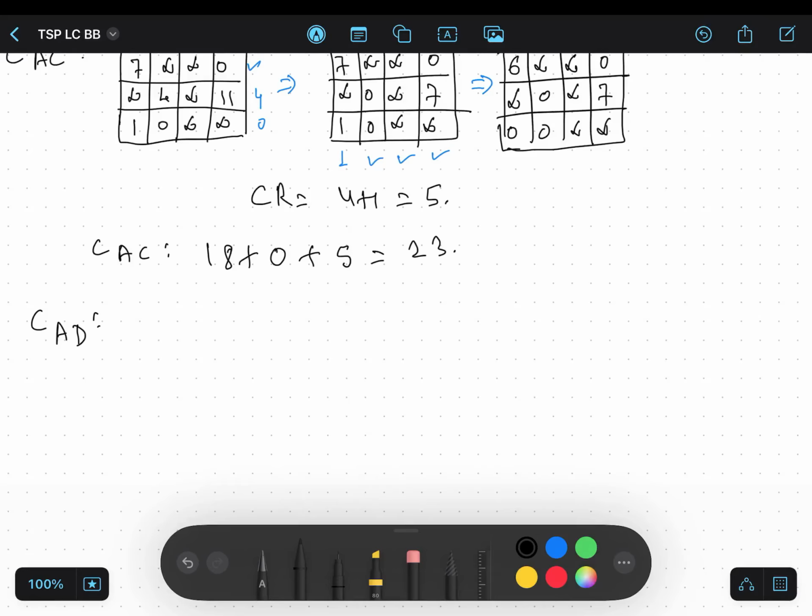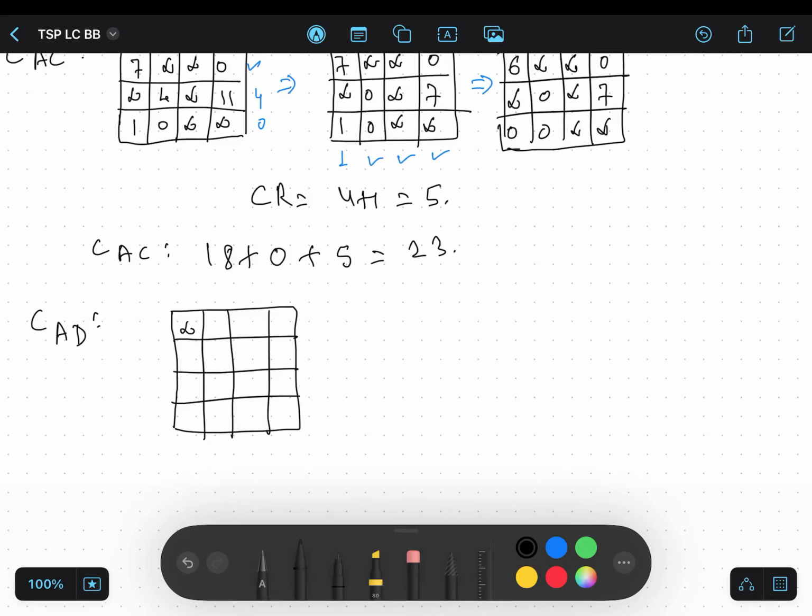I'm not going to solve it fully, and let's say our final matrix was this, and our total cost came out to be 18 plus 2 plus 3, which is 23.